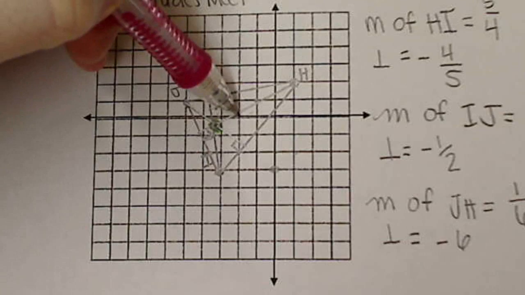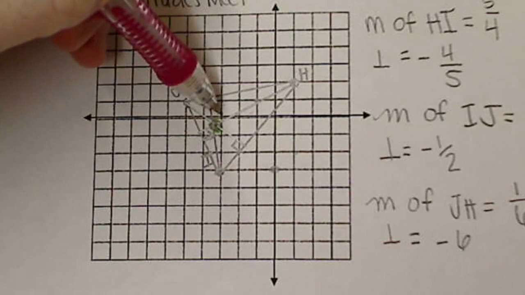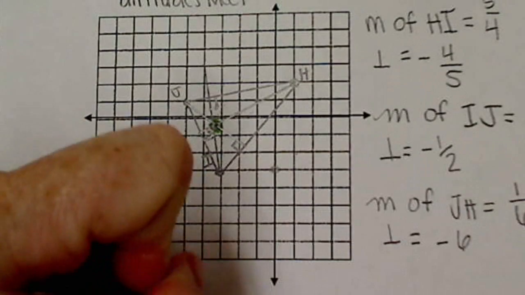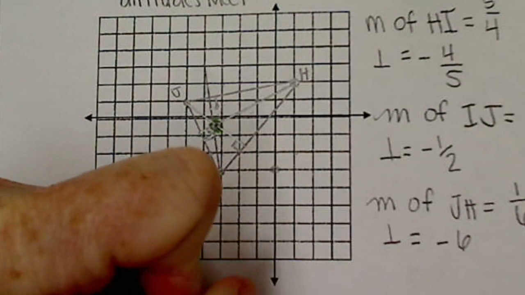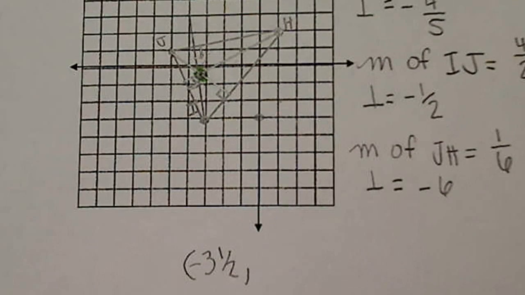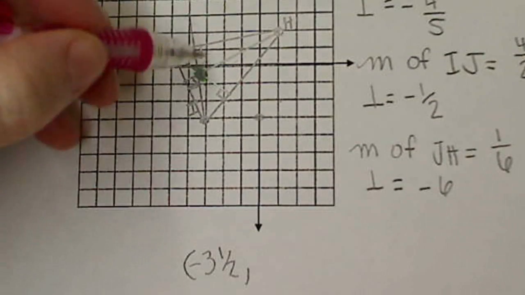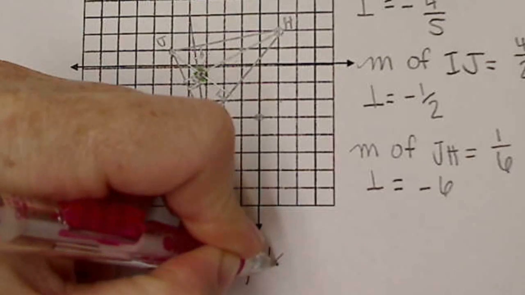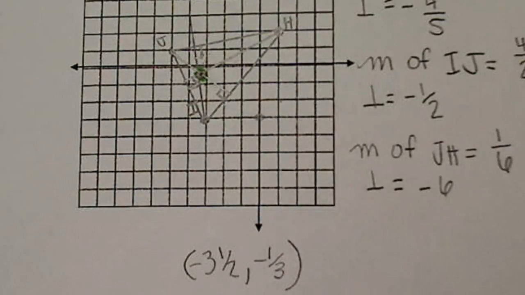So I'm going to go 1, 2, 3. It's negative 3. It's about negative 3.5. And what about my y? My y, it's about negative 1/3.